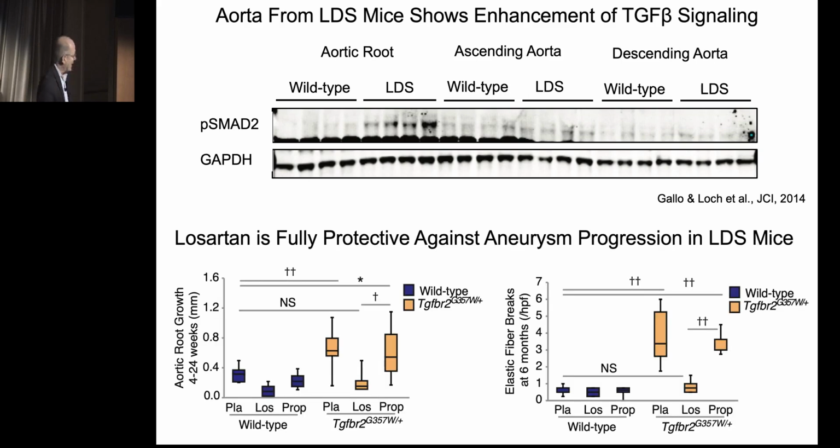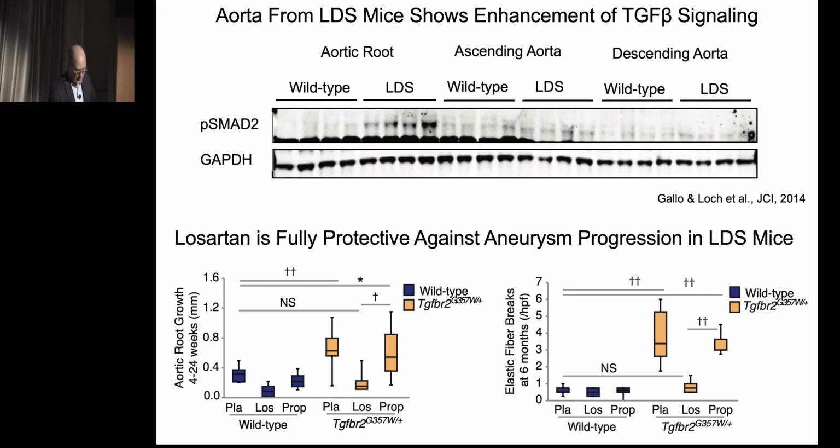We found, as in Marfan syndrome, that losartan is remarkably protective in preventing aortic root growth, as opposed to propranolol, which in this context, even at high dosing, did not show any protection, and that losartan also preserved aortic wall architecture in Loeys-Dietz syndrome.